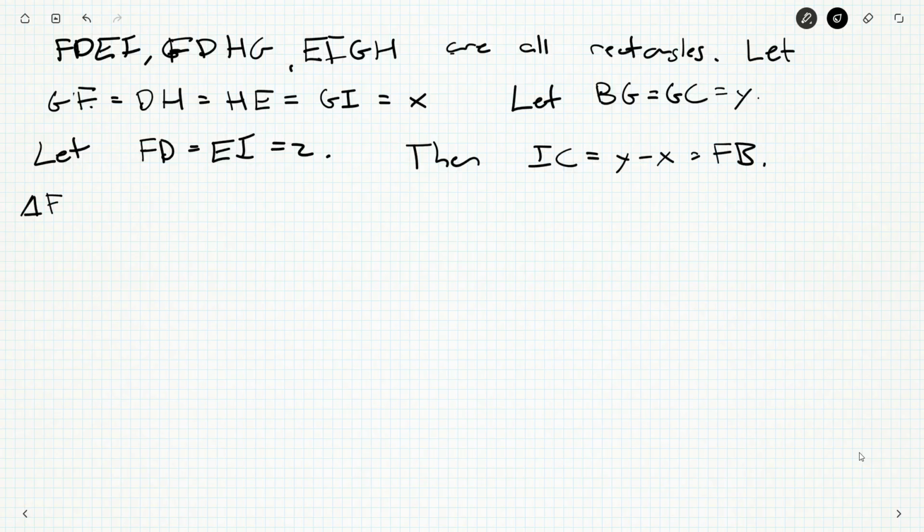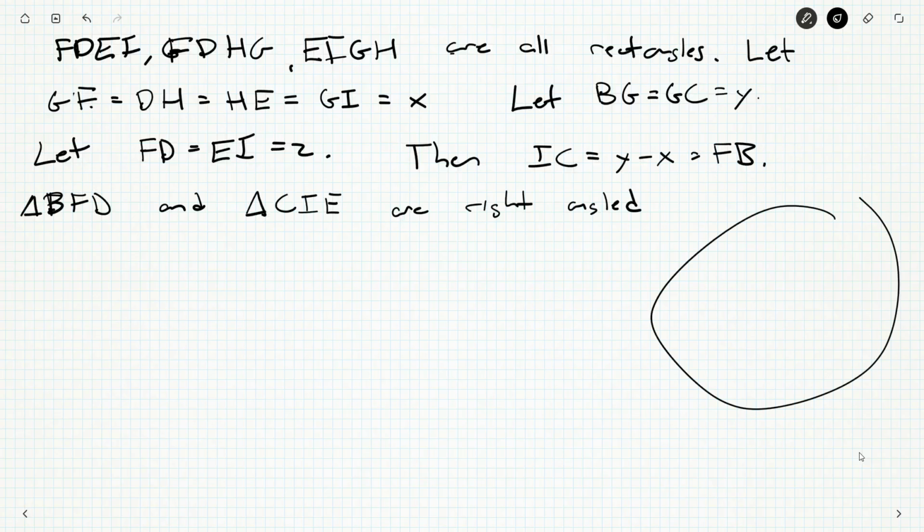Triangle BFD and triangle CIE are right angled. I'm going to redraw the picture just very briefly, because me writing is not as much fun as me writing and you guys being able to follow on a picture.